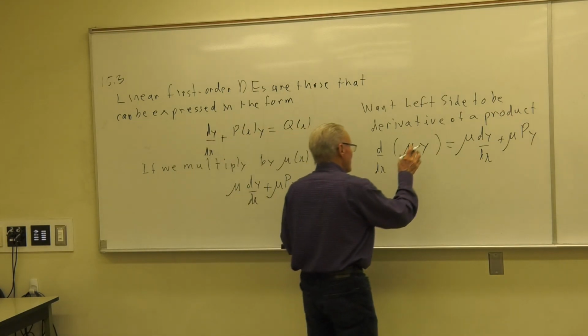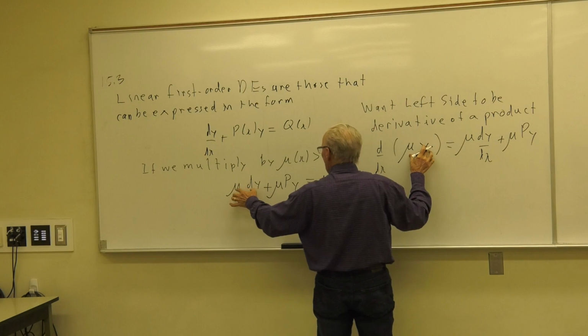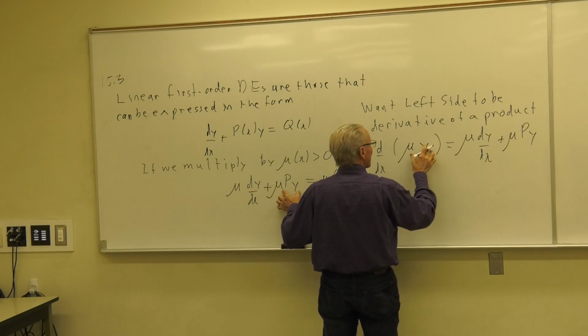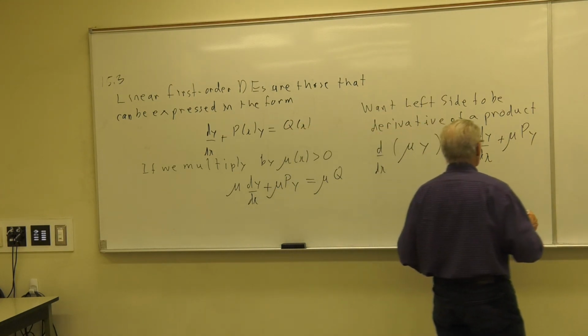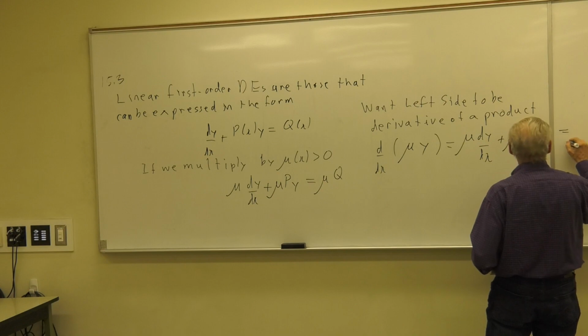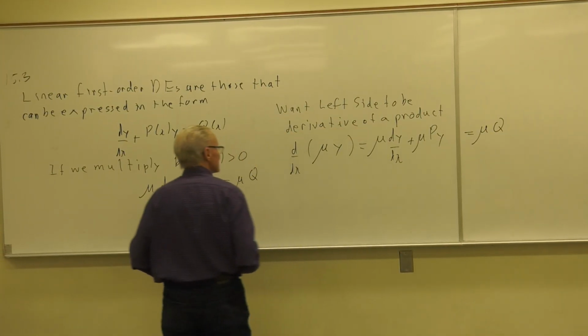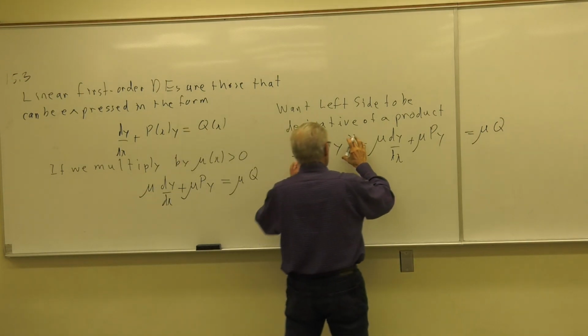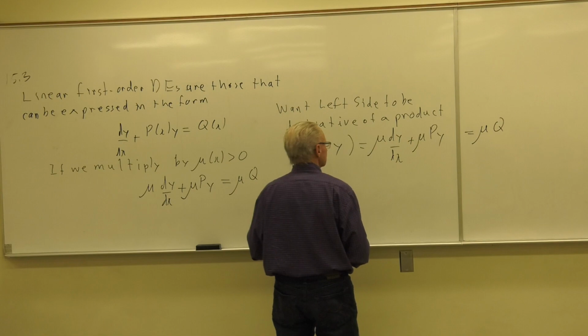We want to put this product in here so that when we differentiate it, we get this. Right now we're getting this, we don't know about that. And what's that supposed to be equal to? That's supposed to be equal to mu q. So you want the left-hand side to be the derivative of the product, and that's going to be the mu q.